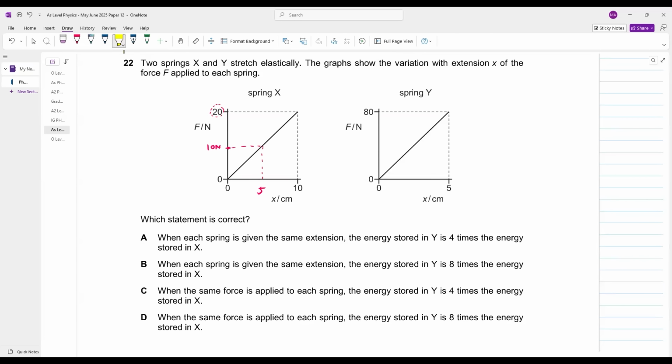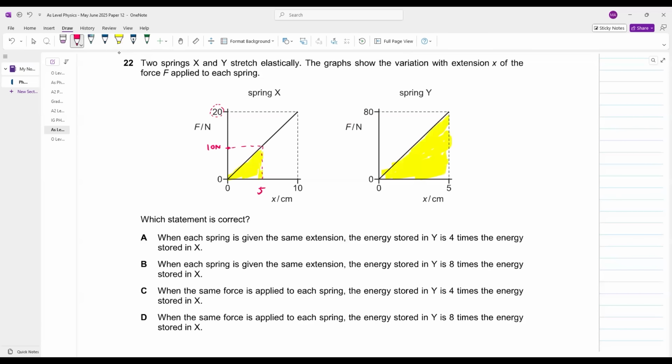Let's calculate the energy stored. Let's calculate the energy stored by spring X, that is this region. And let's calculate the energy stored by spring Y at an extension of 5 centimeter. Let's see how our answers correlate. Okay.